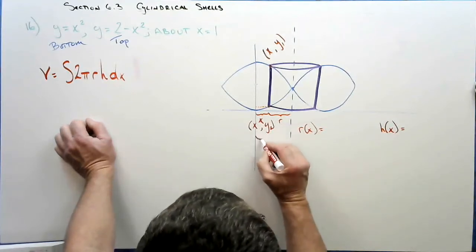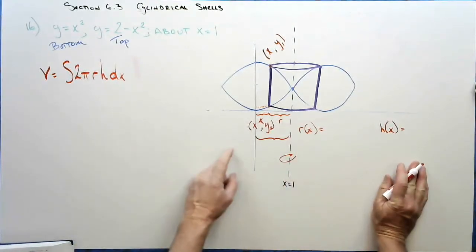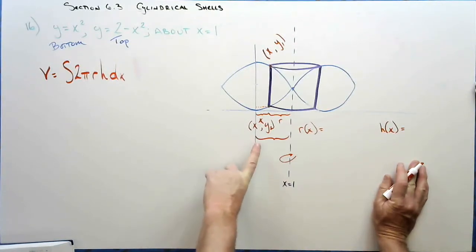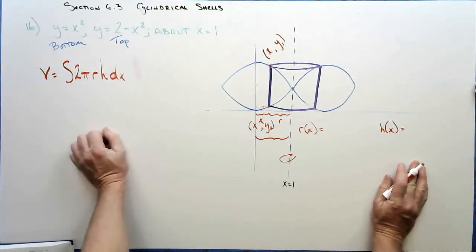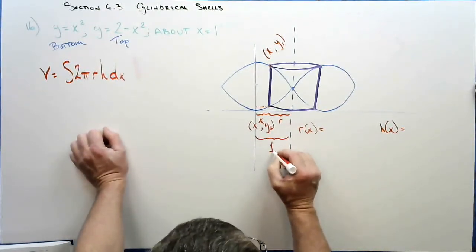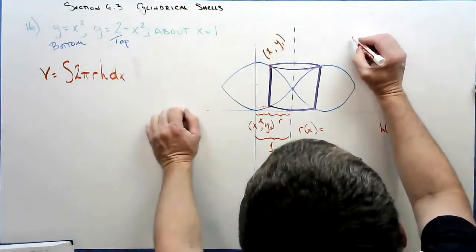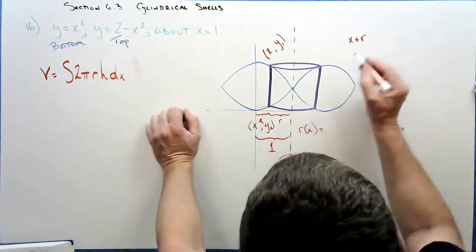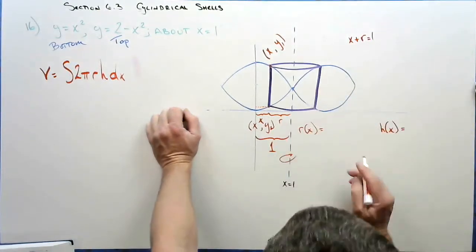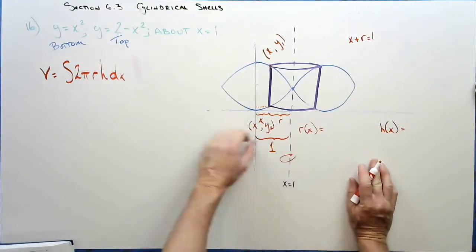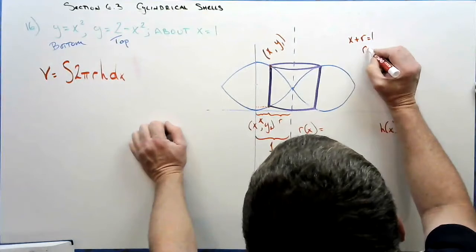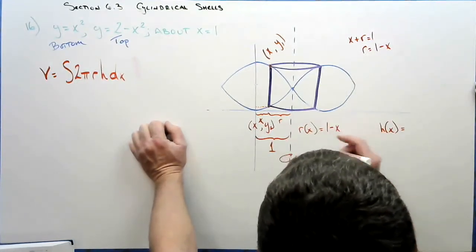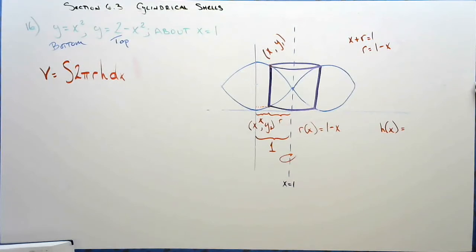And then our third bracket, remember, is the entire distance from our axis of rotation to our nearest axis. And we know that that distance is 1. So doing some scratch work here, we have x plus r, right? Those 2 brackets add up to that bracket, that's 1. We're trying to find the radius in terms of x. So our radius is going to be 1 minus x. That's in terms of x, so we're good to go.